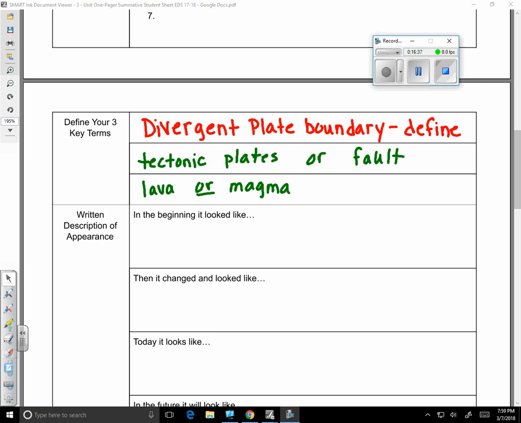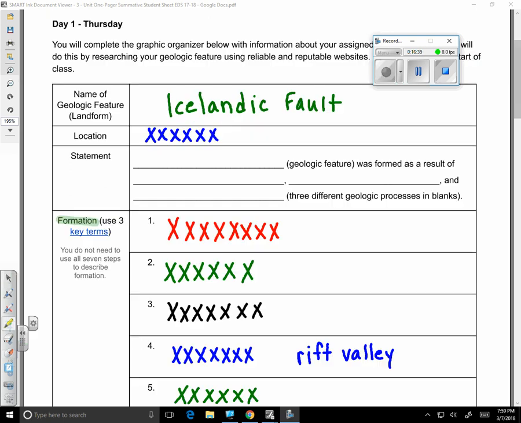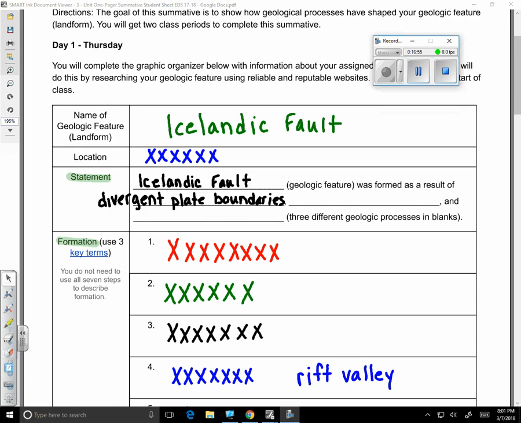So let's go back up to statement. So I need you to write Icelandic fault in that blank, and it says Icelandic fault was formed as a result of divergent plate boundaries, which means that the plates divide or spread apart.